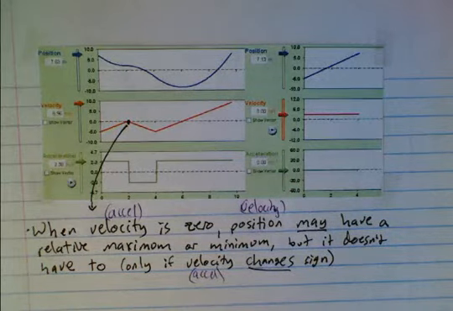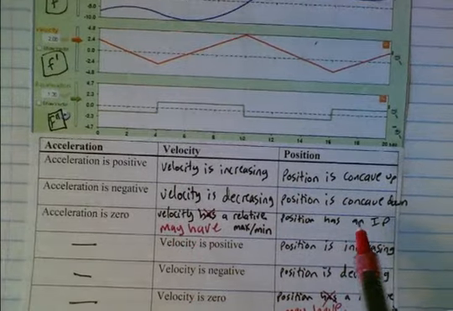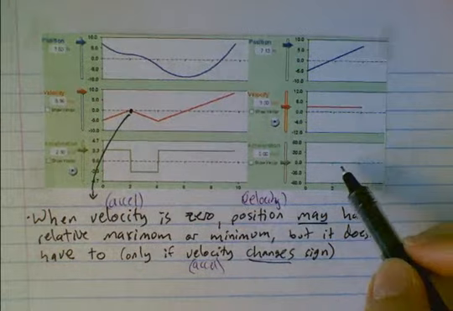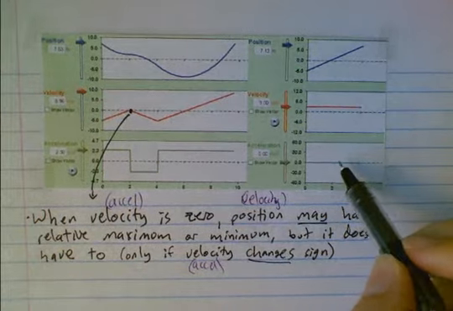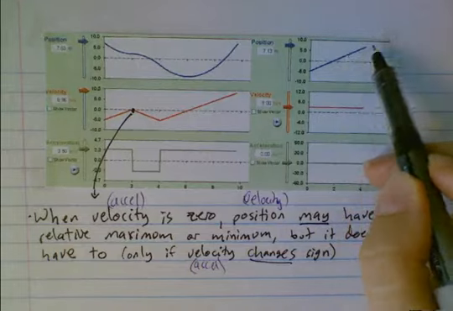And if we have a may have for this one, let's check this one and see if it's really true that there has to be an IP, an inflection point. Well, notice over here that acceleration is 0, but this is a flat line, or a straight line, excuse me.